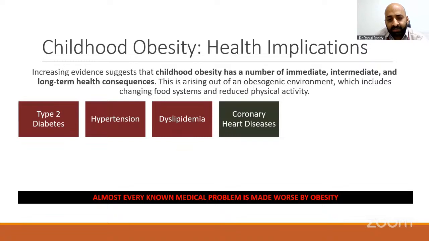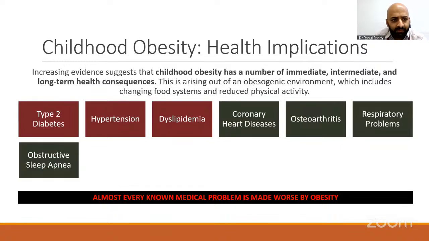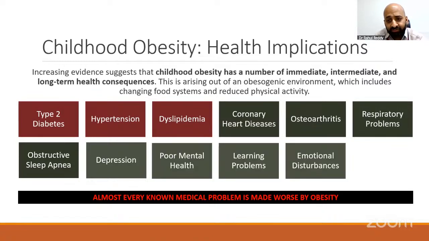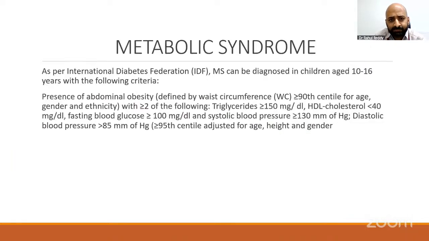And a little later on in life, they can have coronary heart disease, early anginas, osteoarthritis due to the weight bearing on the knees. They can have respiratory problems like obstructive sleep apnea, and there are also mental health issues like depression, poor mental health, learning problems, emotional disturbances, loss of self-esteem, which Dr. Sneha Kulkarni will tell us in more detail in the third talk today. So almost every known medical problem, physical or mental, is made worse by obesity.